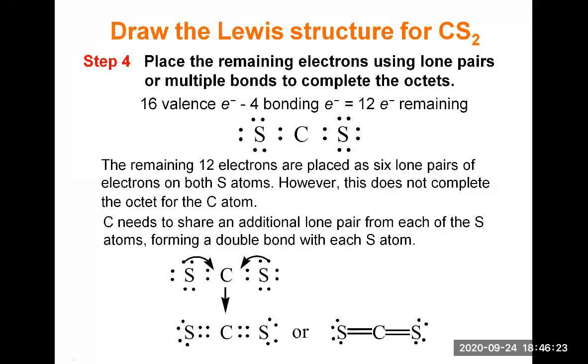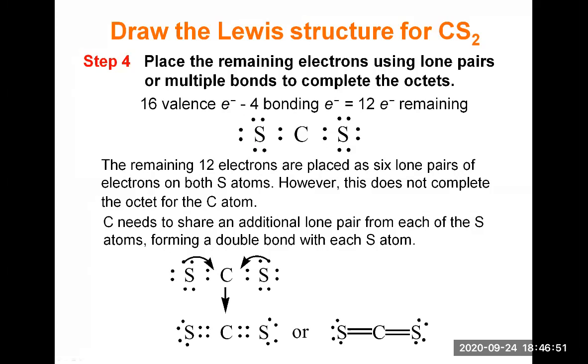So you write 2 lines between each carbon and sulfur, and that will make double bonds. And so this way, carbon is surrounded by 8 valence electrons. If you look at carbon, there is 4 electrons on one side and 4 electrons on the other side. So it's a total of 8 around carbon. So it gets its octet.